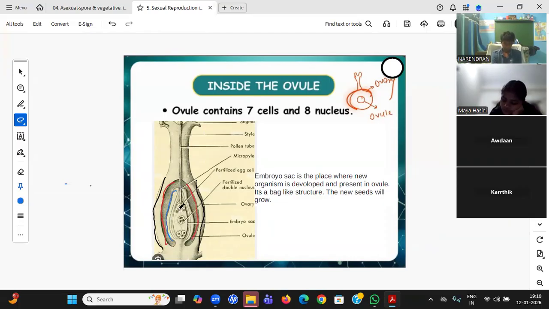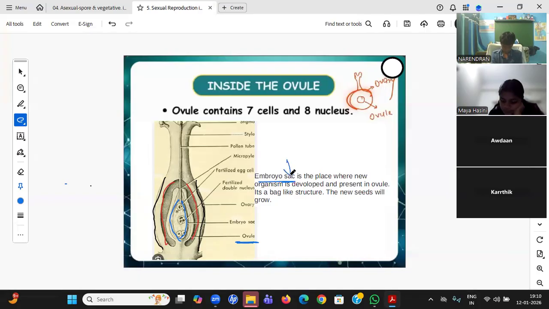This one is the embryo sac. What is in the embryo sac we will come to know, but at least you should know what is what. Most of the time he is calling it the ovule only, but practically, in the ovule we have the embryo sac. What is a sac?